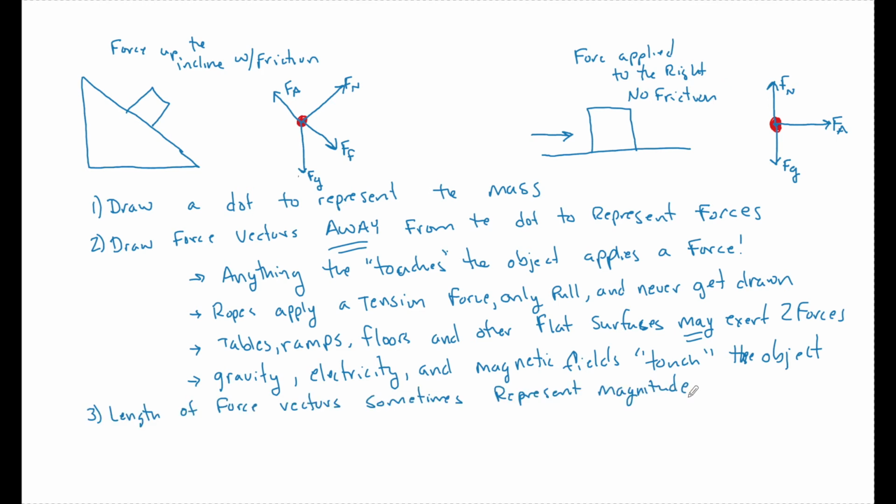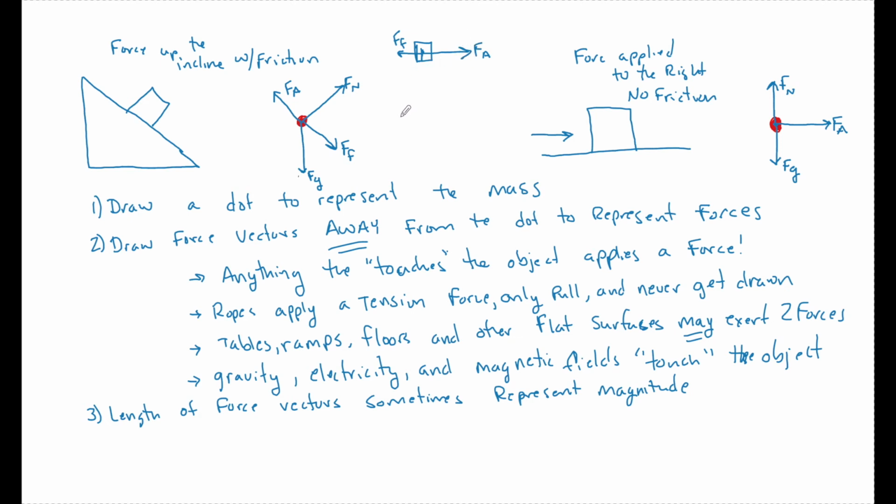The third point I want to make is that the length of the force vectors sometimes, not always, but usually represent magnitude. So I'll just give you a brief example here. If I had a box and I had a force that looked like this, Fa, and I drew a second one like this that looked like Ff, and I asked you if this box is going to accelerate, you would say yes, this box is going to accelerate because this force vector here is longer, therefore has a greater magnitude, so there'll be an F net to the right.